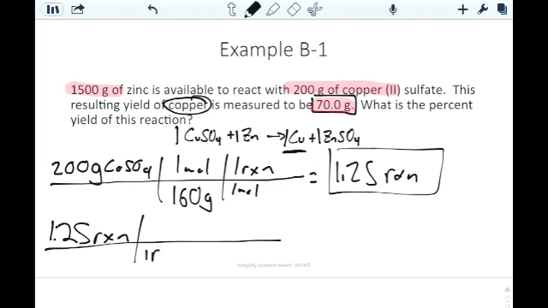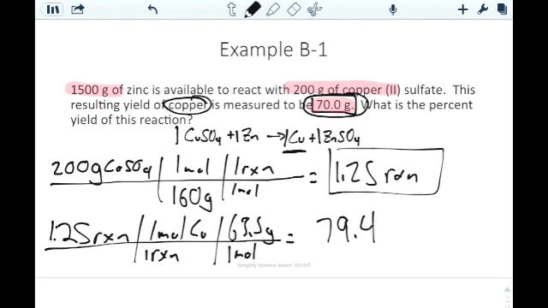So in one reaction, we have 1 mole of copper, and then all we have to do is get it to grams, because we see that our actual yield is in grams. So 1 mole equals our molar mass of copper, which is 63.5 grams. Multiply that out, and we should get a theoretical yield of 79.4 grams of copper, which is our theoretical yield.